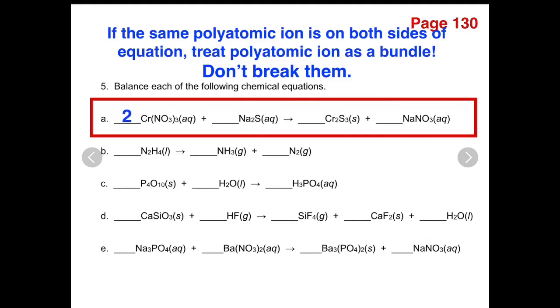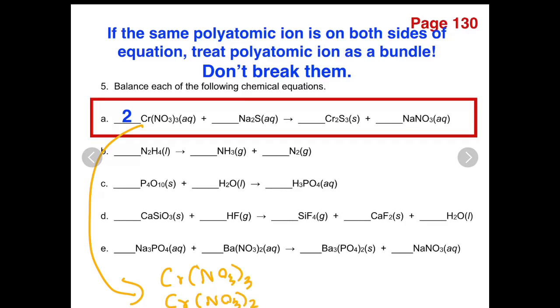So in this case, I'm not going to start with the nitrate. I'm going to start with chromium instead. There are 2 chromium in here, so I'm going to add 2. So we have 2 chromium, and if you have 2 of these, you are going to end up with 6 nitrate, right? So pretty much this thing right here implies that you have chromium nitrate, 2 of them.